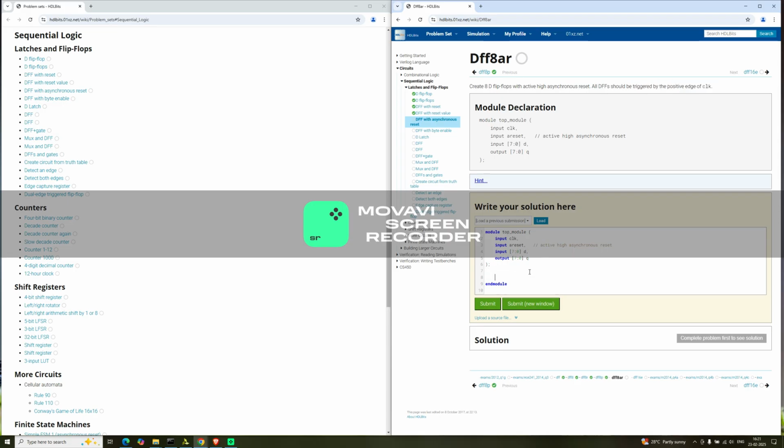So what we do there is the usual clock, but along with that we will have asynchronous reset also added in the sensitivity list, because that is an asynchronous reset. As it is an active high reset, any positive edge of reset needs to be added here.